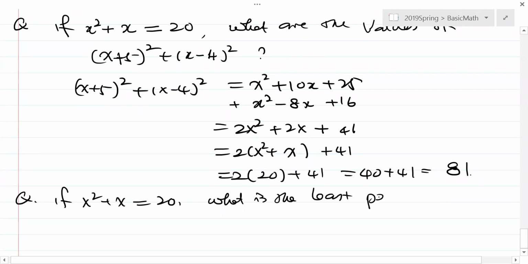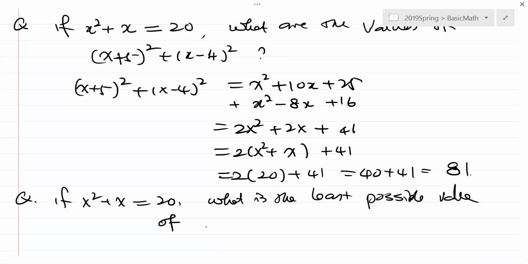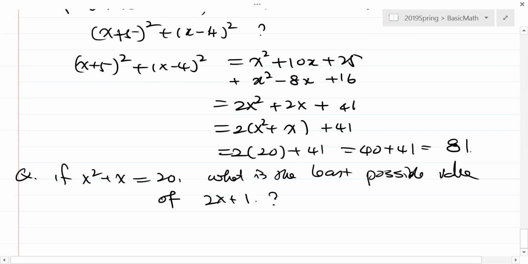What is the least possible value of 2x plus 1? Why?